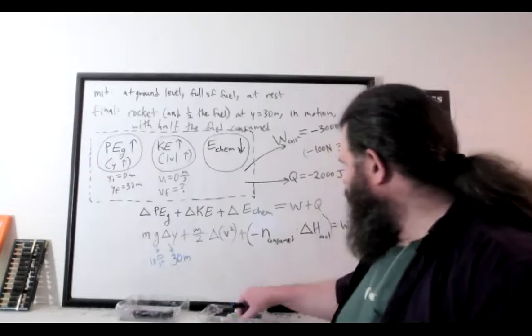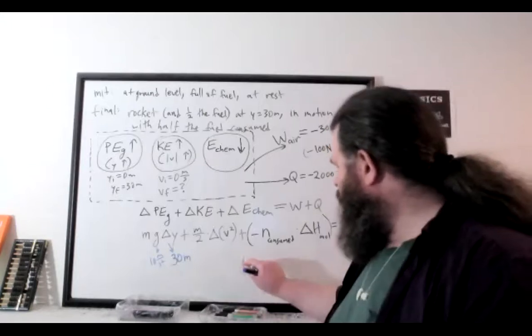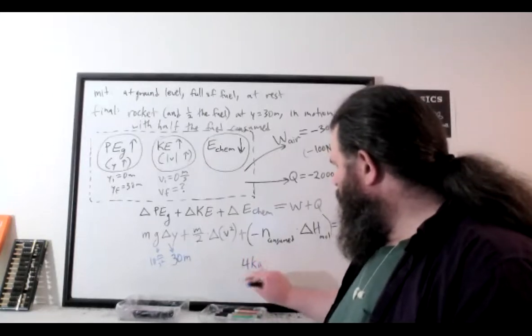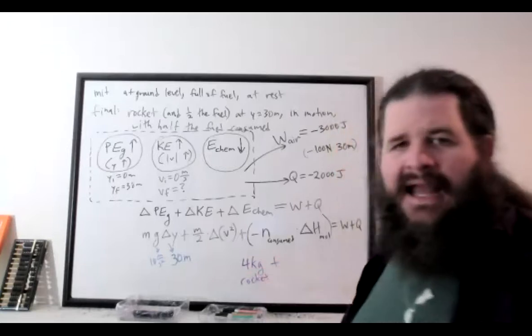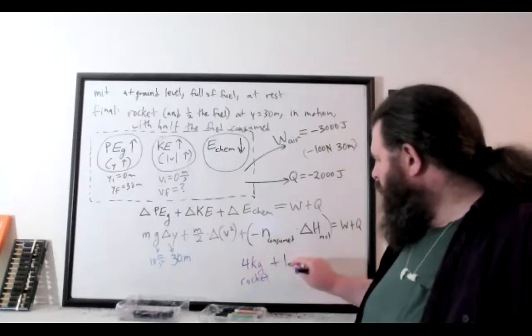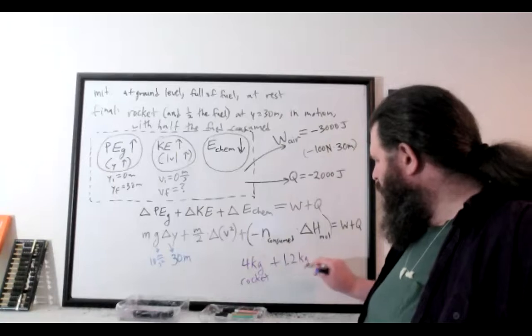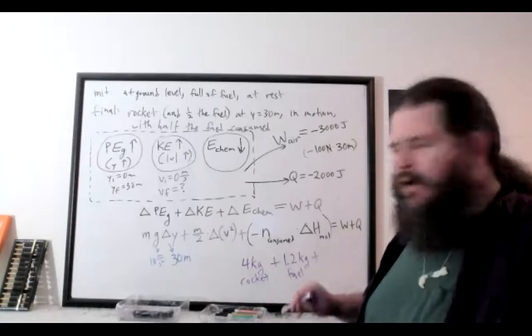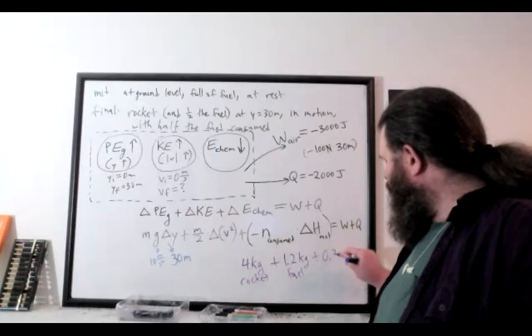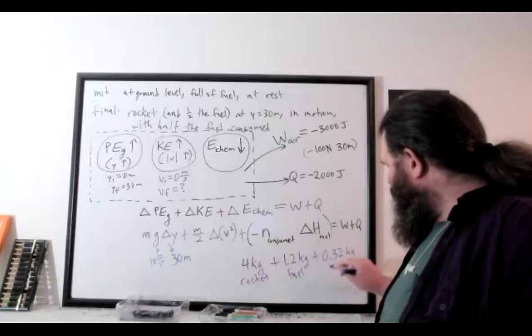So we've got 4 kilograms of rocket. And half of the fuel is still on board, so that'll be 1.2 kilograms of fuel. And also half of the oxygen, so that would be 0.32 kilograms of oxygen.